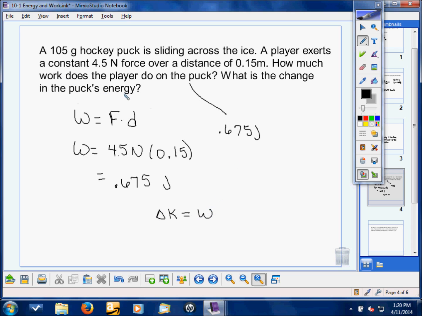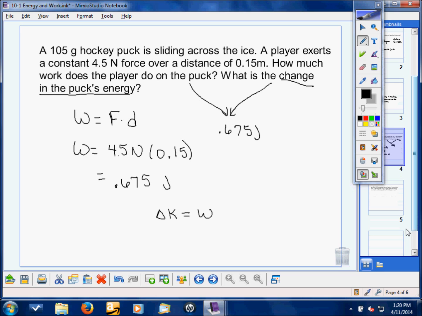The change in the puck's energy, delta K, is the same answer, because delta K, which means change in kinetic energy, is the same as the work. So actually that puck had 0.675 joules of energy added to it. So that would affect its velocity, it will affect its momentum as well. Okay, where did I lose you, David? It's the change in the puck's energy.